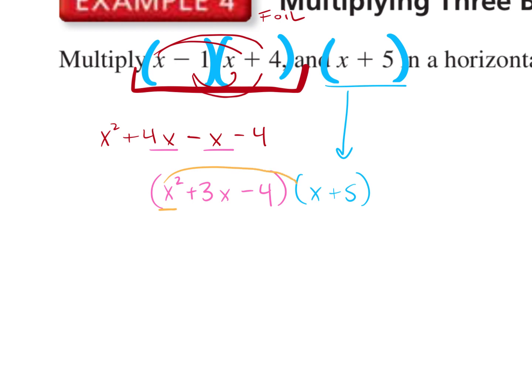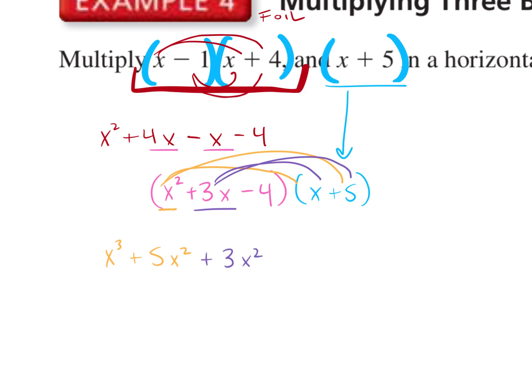What's x squared times x? X cubed. What's x squared times 5? 5x squared. Then we can move on to the 3x. What's 3x times x? 3x squared.